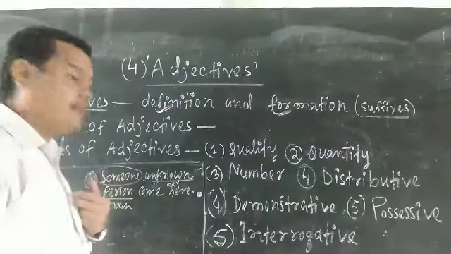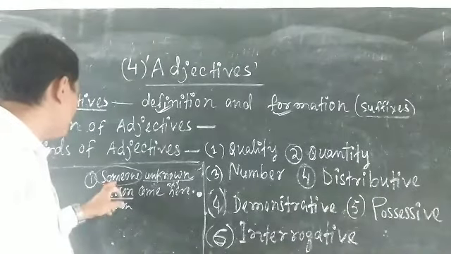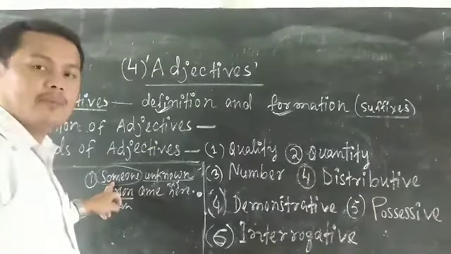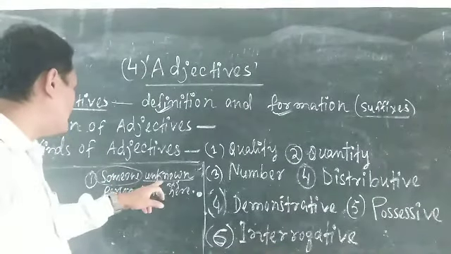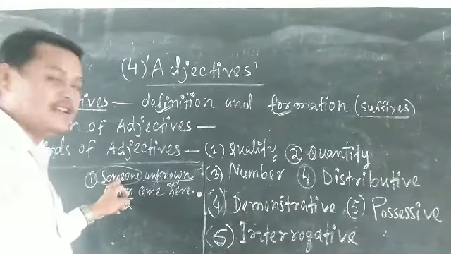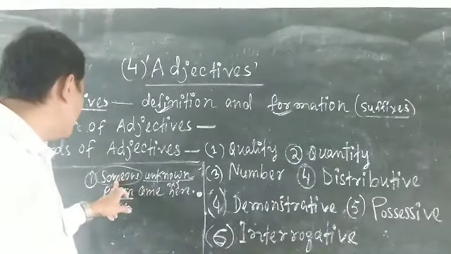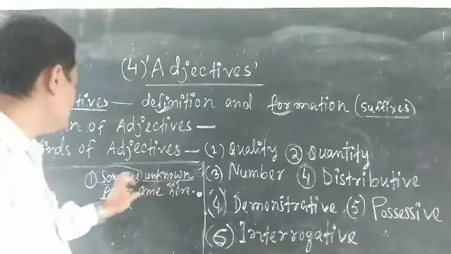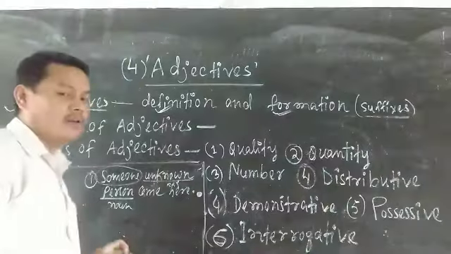Someone, it may be me, it may be you, it may be some other person. So this someone is called an indefinite pronoun. So when an indefinite pronoun is there, we have to use the adjective immediately after it this way. So you see someone, the indefinite pronoun, and immediately after that we have an adjective, unknown, and then only the noun.